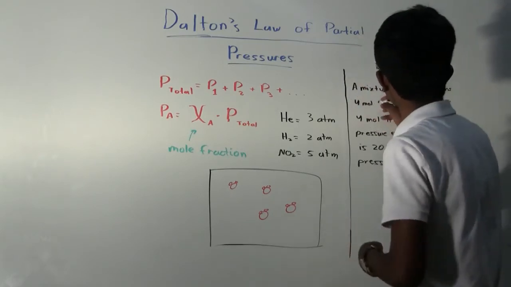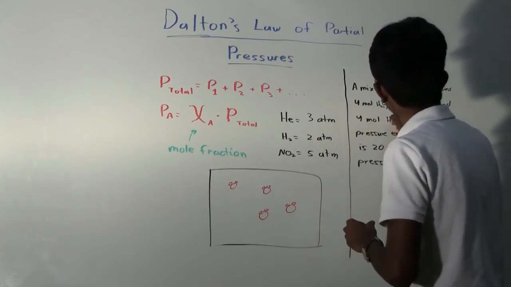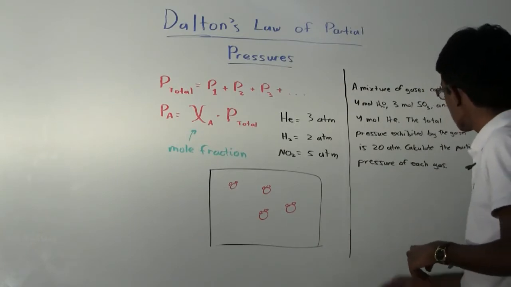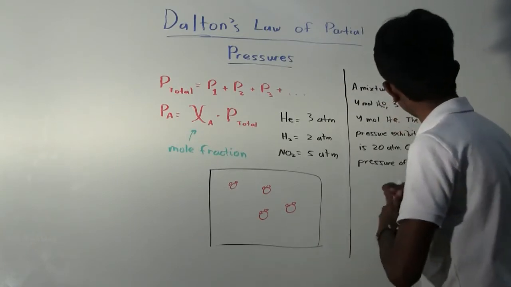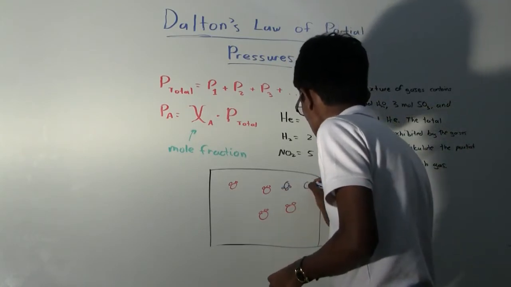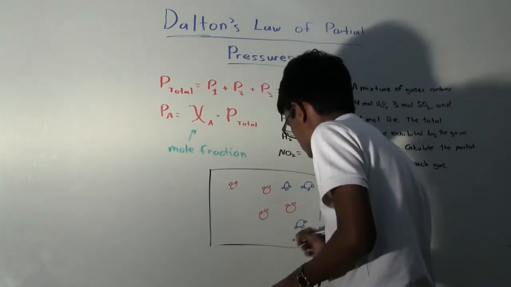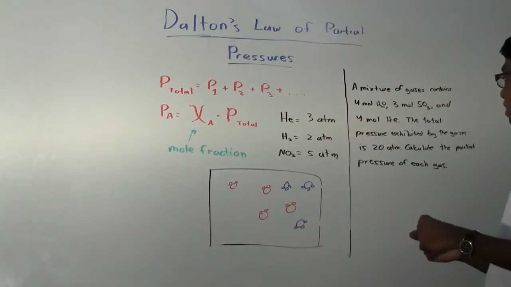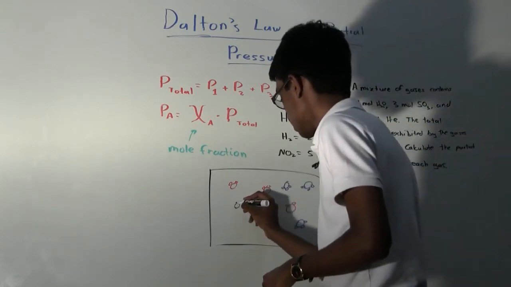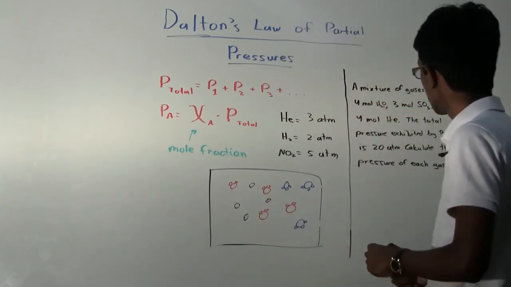I was thinking something different. Let's just say H2O. Okay, so 4 moles of H2O. It doesn't really make a difference in the math. Okay, so 4 moles of water. Okay, 3 moles of sulfur trioxide. I'm going to draw that with the blue. Okay, so 3 moles of the sulfur trioxide and 4 moles of helium. 1, 2, 3, 4. All right.